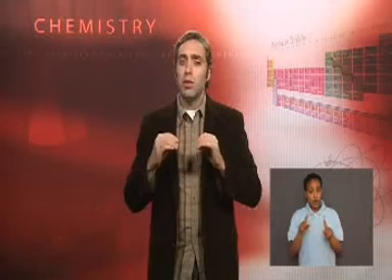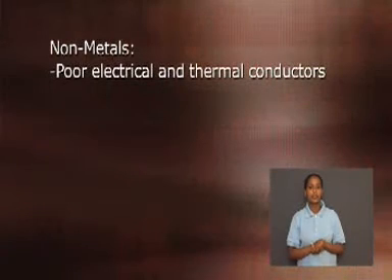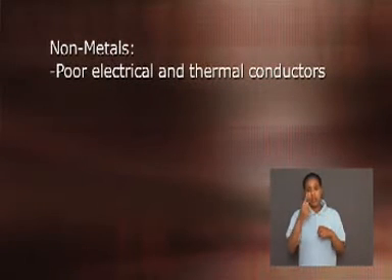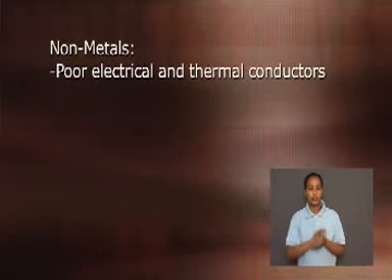While there is no specific definition for non-metal, as this term covers a wide variety of elements, there are several common properties that are considered to be characteristic of non-metals. Non-metals are poor electrical and thermal conductors.